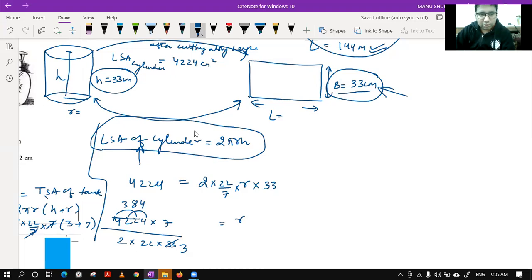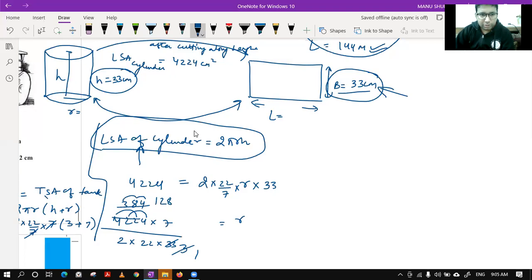Now again check. I think now it is not divisible by 11. So we have to go with the sum of digits. 8 plus 4 is 12, plus 3 is 15. We can divide by 3. So 3 ones are, 3 twos are, 3 eights are.